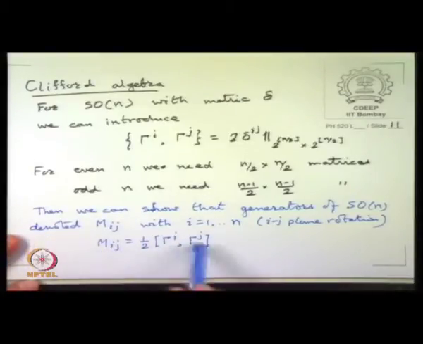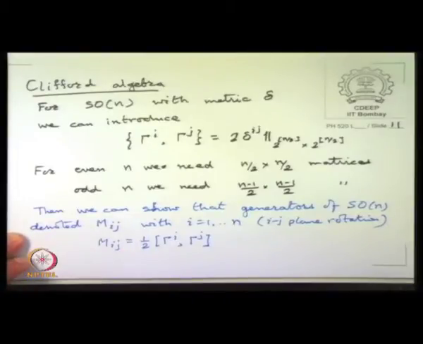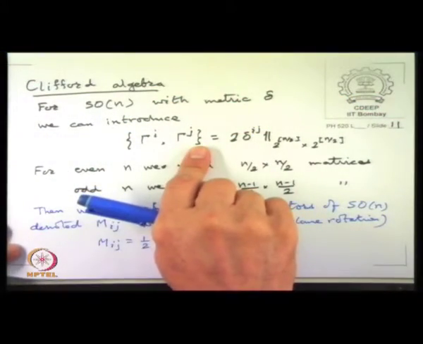So there are exactly as many commutators as there are Mij, and you can compute the algebra of Mij. You will recover the algebra that I told you last time with Mij, Mkl. So the algebra of SO(n) can be recovered from this by using the Clifford algebra of the gammas themselves.